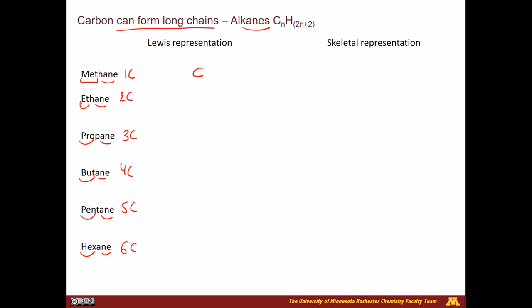So what is the Lewis structure of methane? Notice that the formula for all these compounds will always follow this trend, in which you have CH4 because n is equal to 1, right? So if n is equal to 1, 2 times 1 is 2, 2 plus 2, 4. What is it when n equals 2?